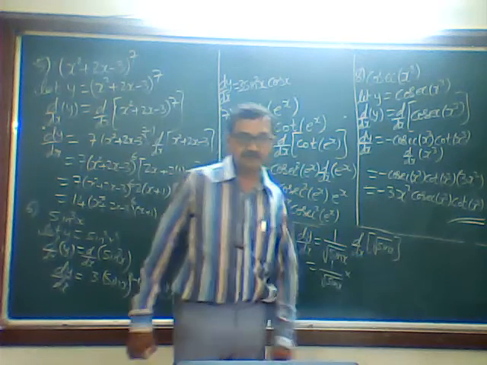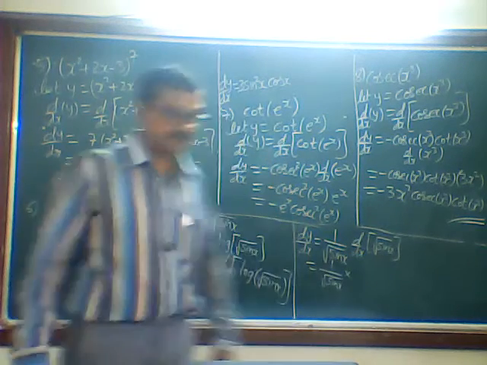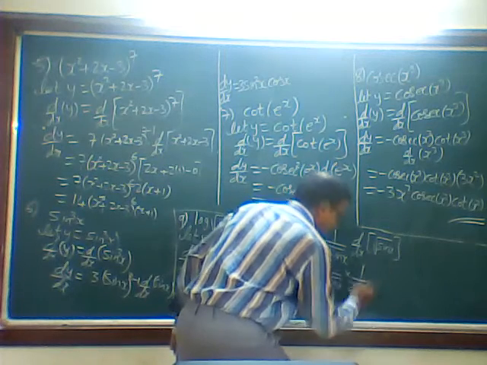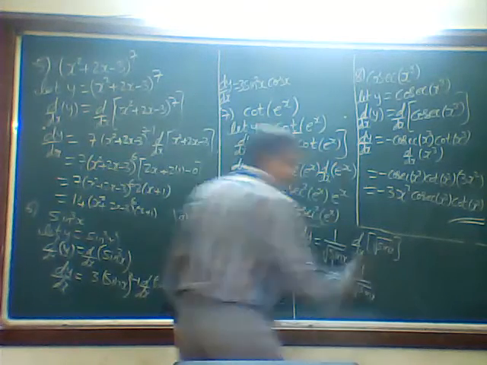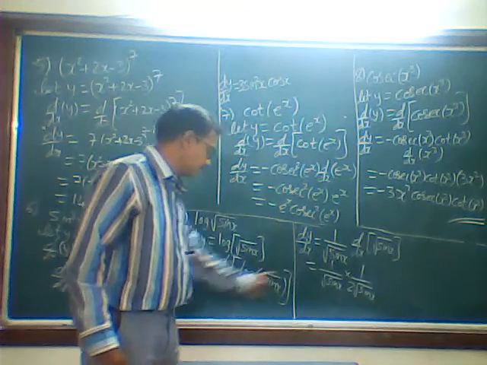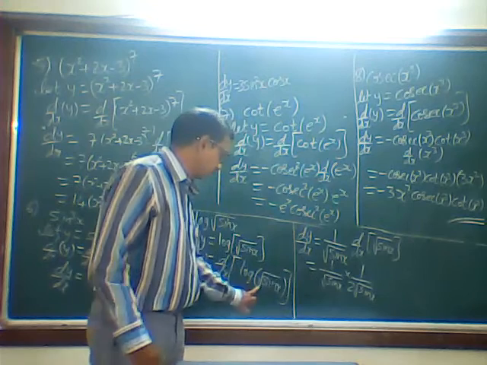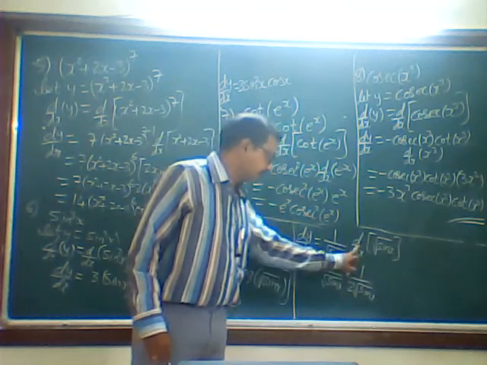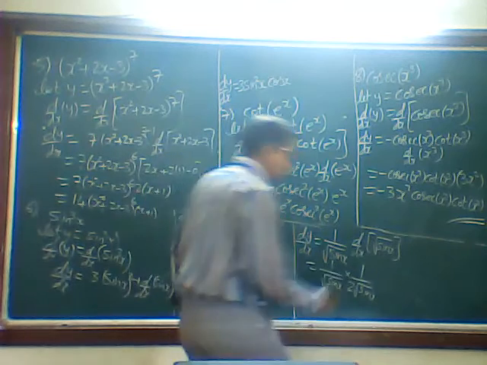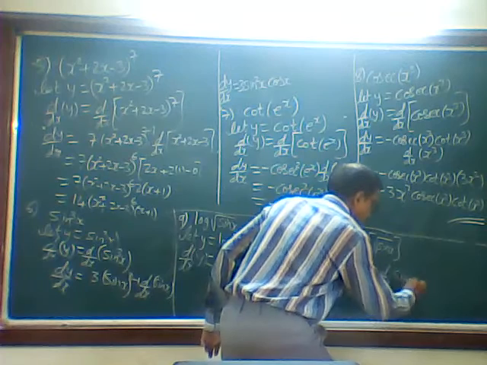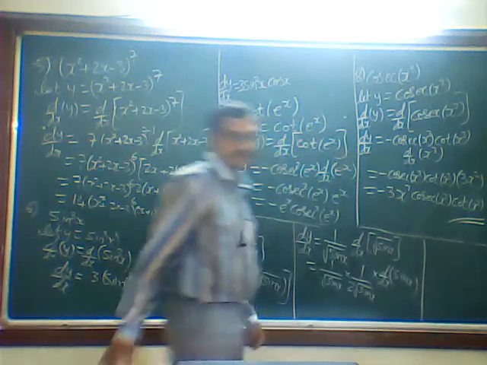So d by dx of root x is what? 1 upon 2 root x. So I am writing here 1 upon 2 root sin x because my x is sin x. First I performed the differentiation of log x, 1 upon. Then I performed the differentiation of root, 1 upon 2 root. Now I will enter inside again. Again I will say d by dx of sin x.